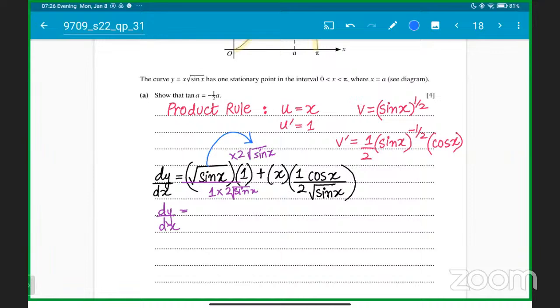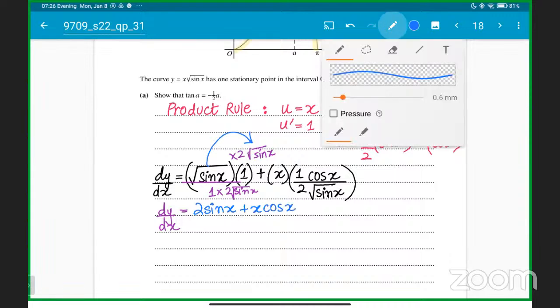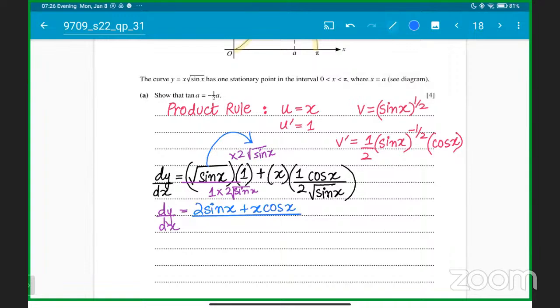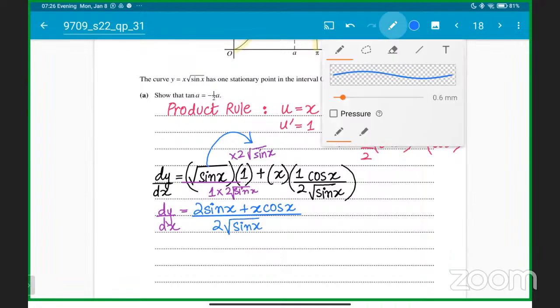Square root sine x with square root sine x will cancel out. It will become only 2 sine x, okay? It will become only 2 sine x plus this will be x cos x. Getting it clear? 2 sine x plus x cos x, and in the denominator, you have 2 square root of sine x, okay? In the denominator, we have 2 square root of sine x.